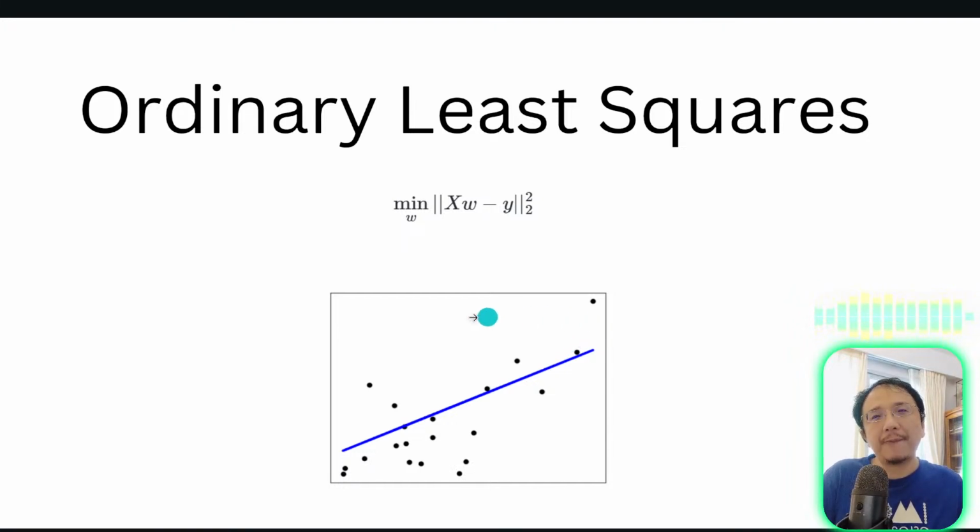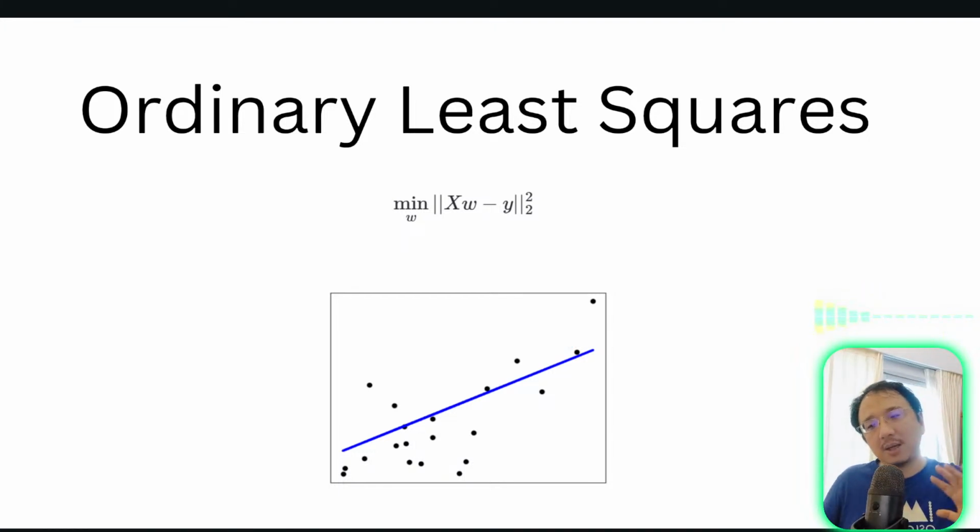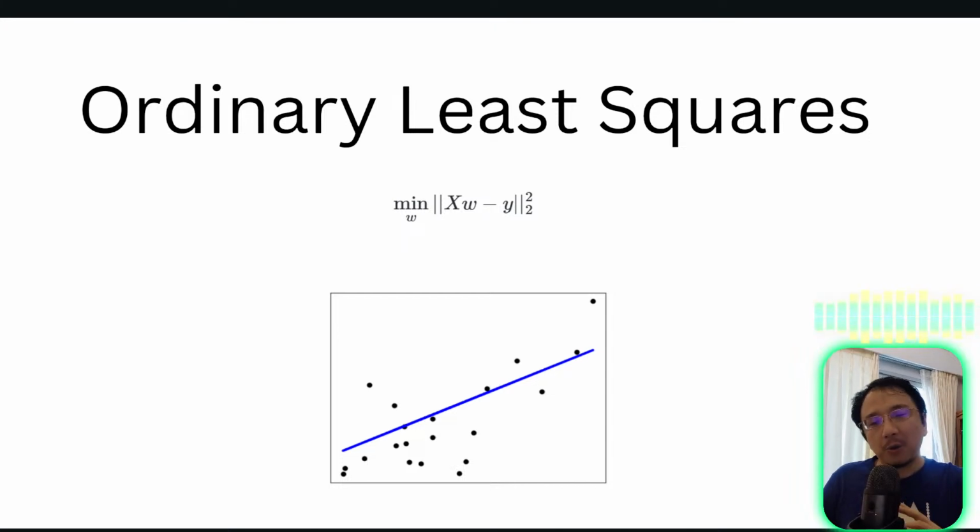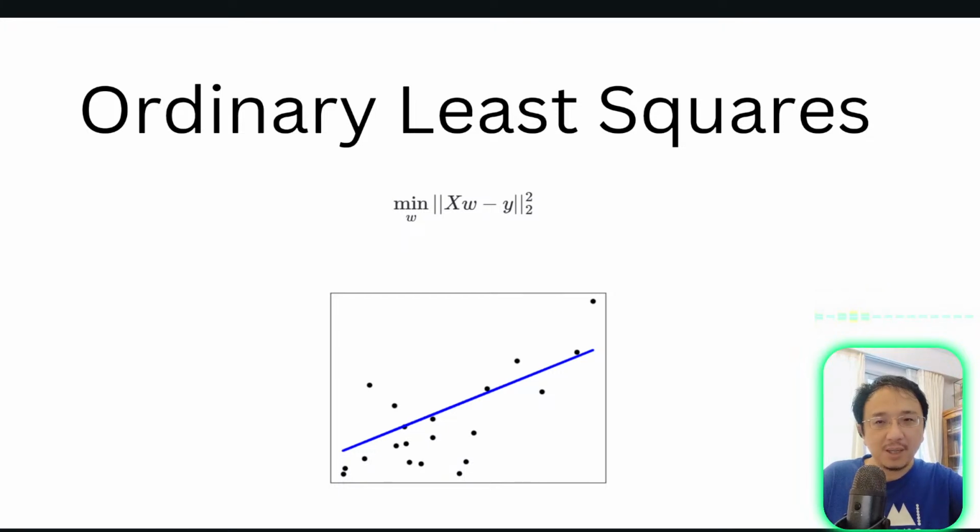And usually we are modeling the differences as noise. They are sometimes assumed to follow some random distribution like Gaussian distributions.